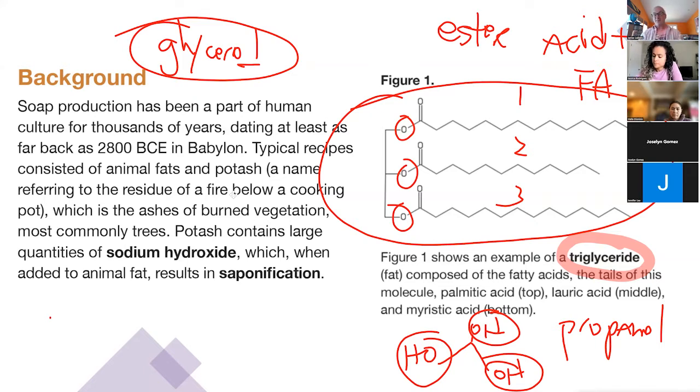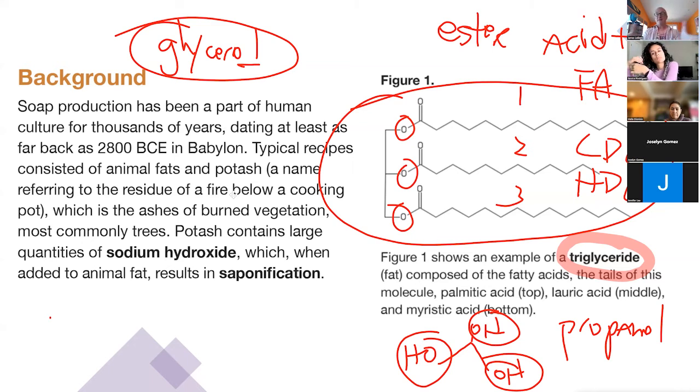You should have some triglycerides in your blood, but not too many. And then they check you for low density lipoproteins, or LDLs, and then high density lipoproteins, or HDLs. HDLs are good because they remove cholesterol from your body, and LDLs are bad because they put cholesterol back in.